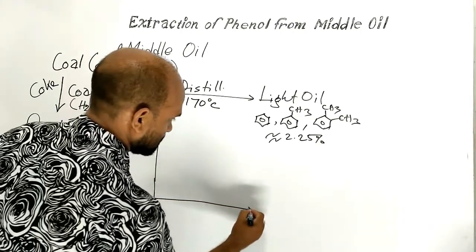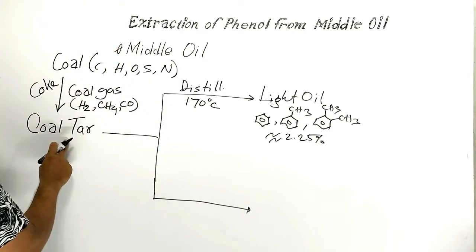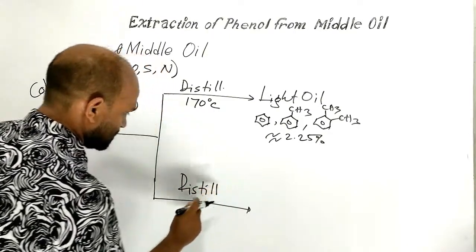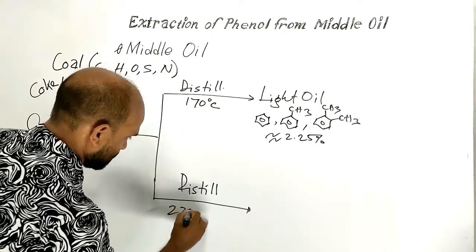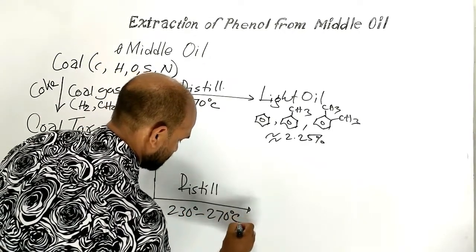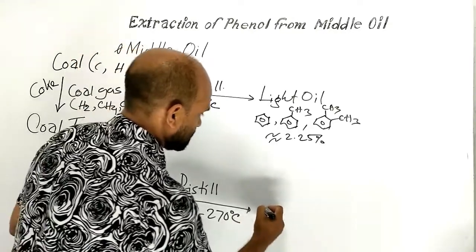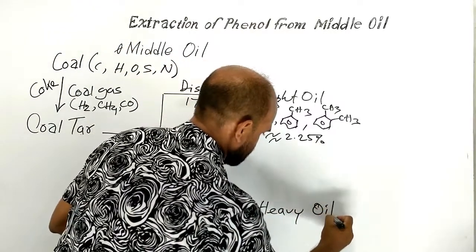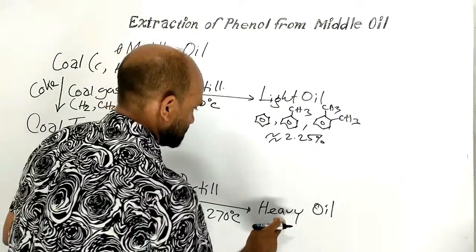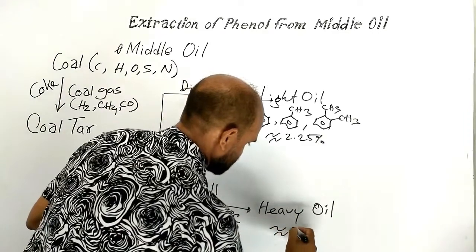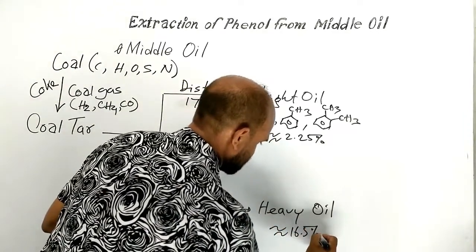Again, when coal tar is distilled at 230 to 270 degrees Celsius temperature, then a heavy oil is obtained. Heavy oil is present in coal tar at around 16.5%.